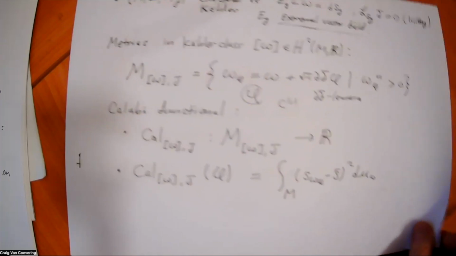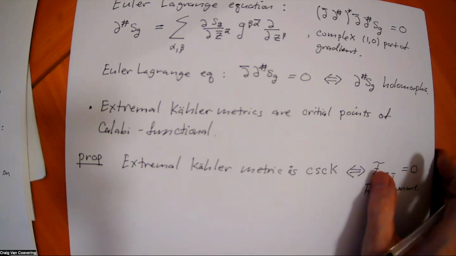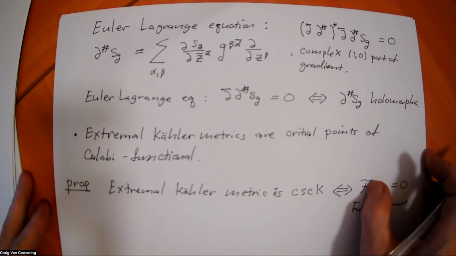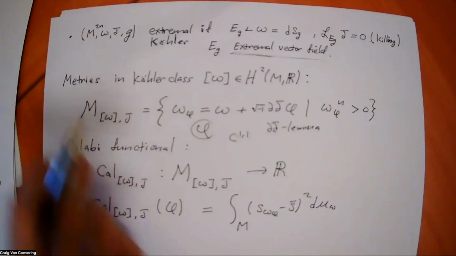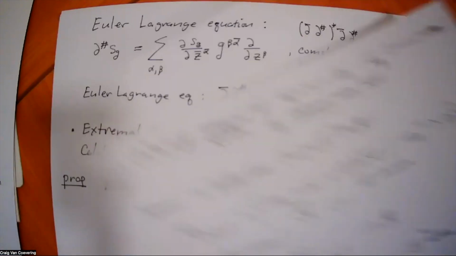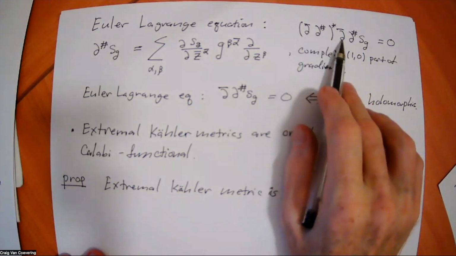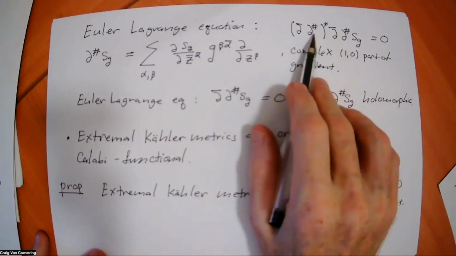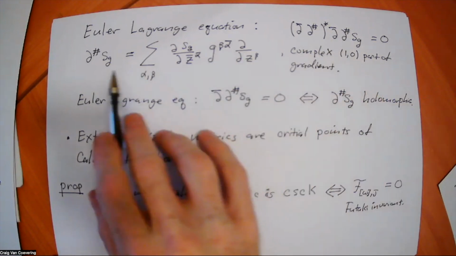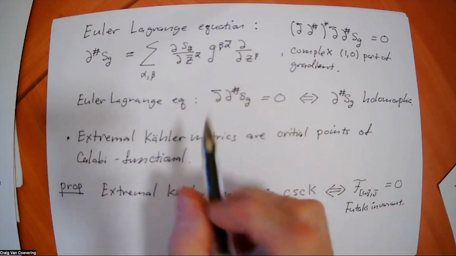It turns out to be a basic part of the theory, and this goes back to Calabi's original papers, that if you take the Euler-Lagrange equations of this functional, you get this equation, where I'm using complex notation.